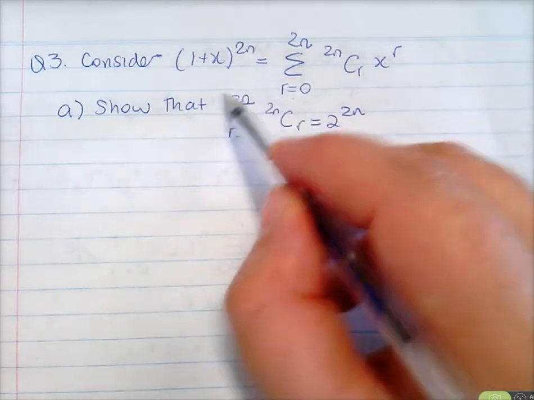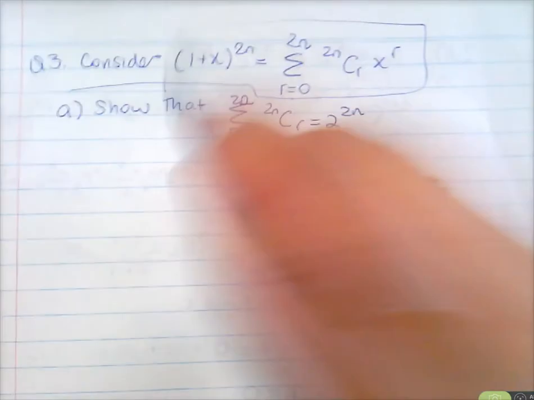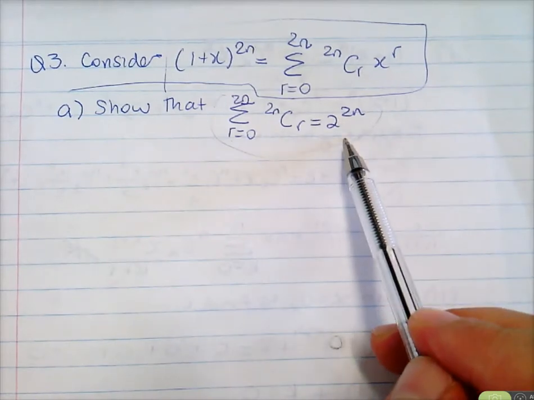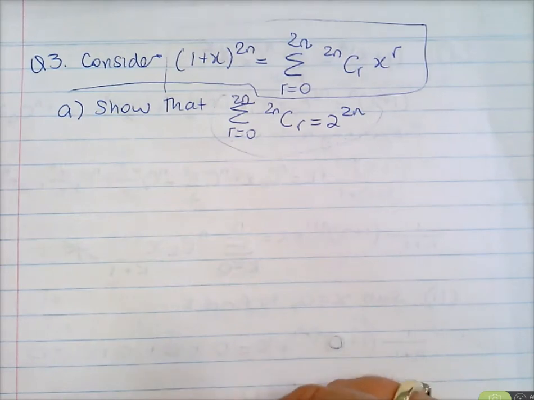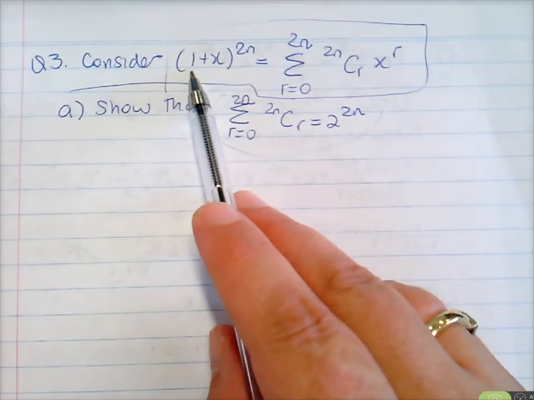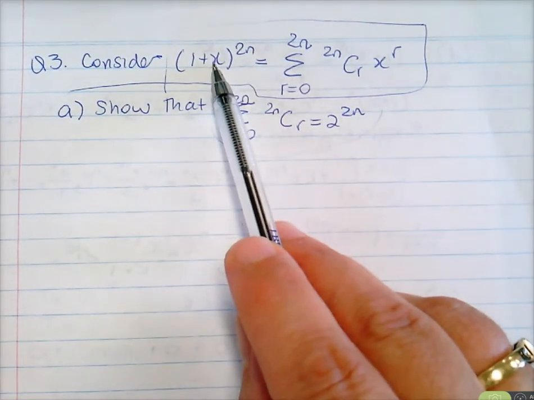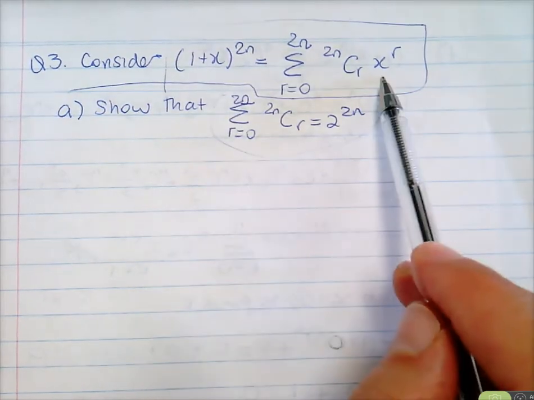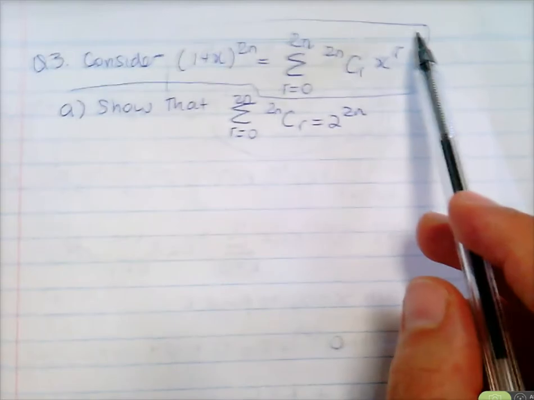So we're trying to show this result given this thing up here. Look at the right hand side here: how do you think they got 2 to the power of 2n, by substituting what? Yeah, x is 1. If you substitute x is 1 here, you're going to get 2 to the 2n, and on the right, 1 to the power of some positive number is 1.